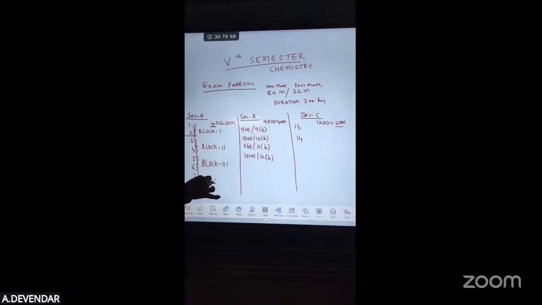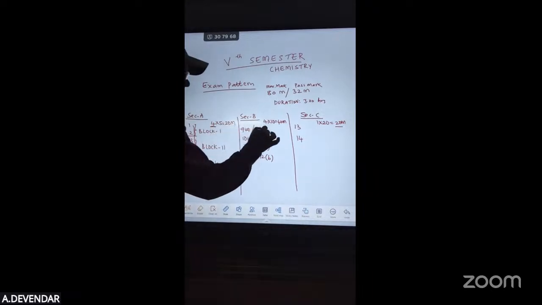From each block you may get 2 short questions. Each question carries 5 marks. That means if you are thorough with one block, you will get the 10 marks here in section A.